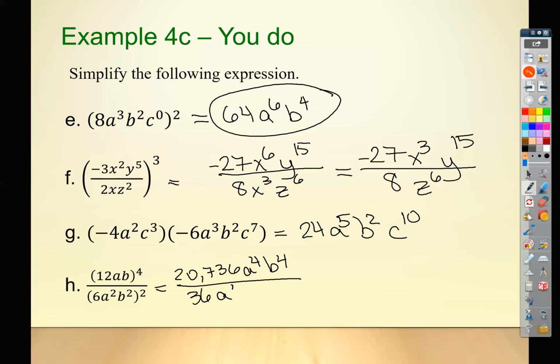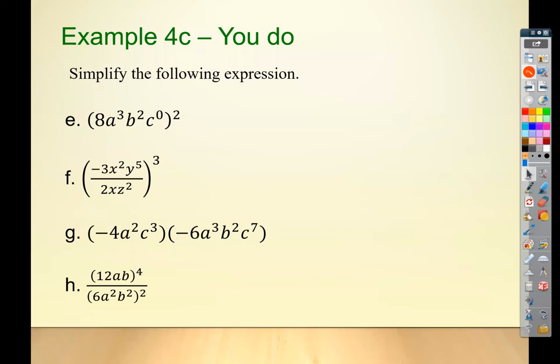Then I have A to the 4th, B to the 4th. All right, so if I divide that and try to simplify, I get 576. My A's will cancel each other out, and my B's cancel each other out. So 576 is my final answer. So that is what you should have gotten.